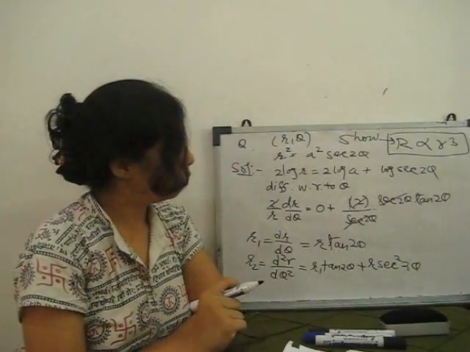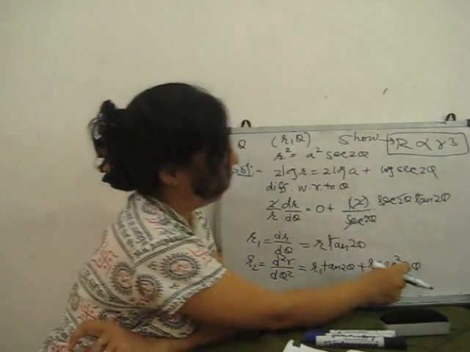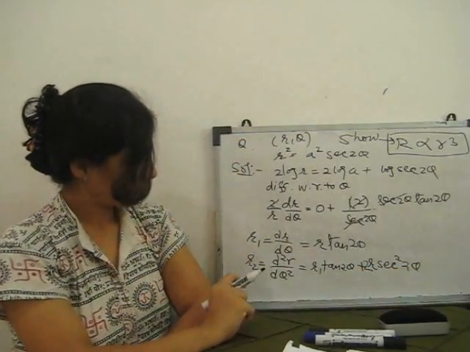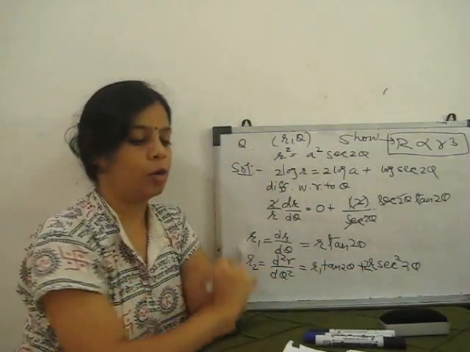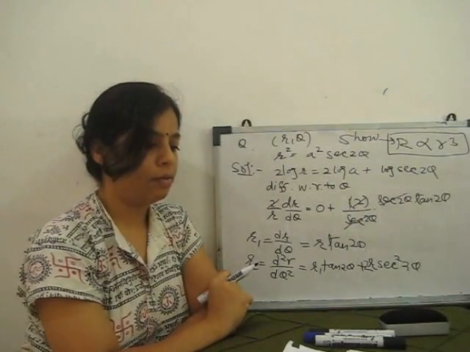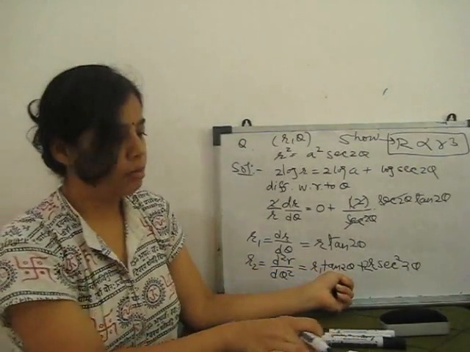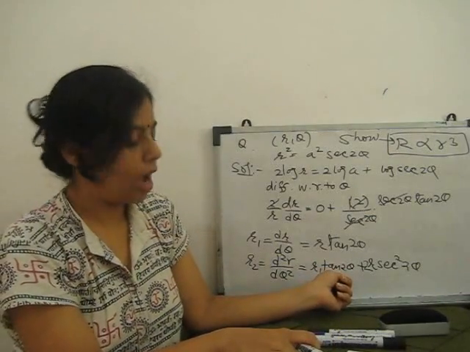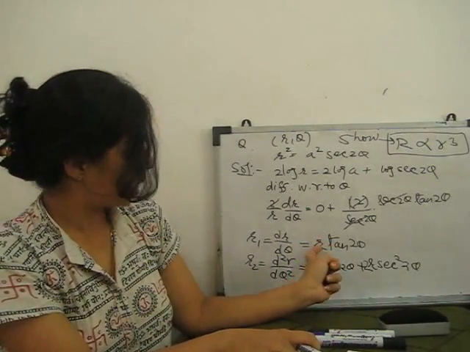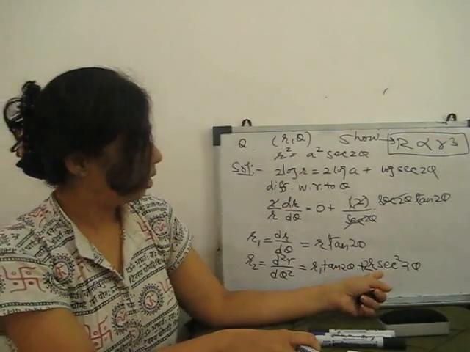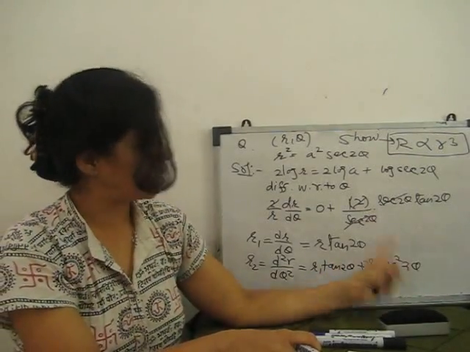Clear? So it gives sec square of 2 theta, and the derivative of 2 theta gives one more 2 here. So this is our r2. We simplify it a little further. Substituting r1 as r tan 2 theta, r2 is r tan square 2 theta plus 2r sec square 2 theta.